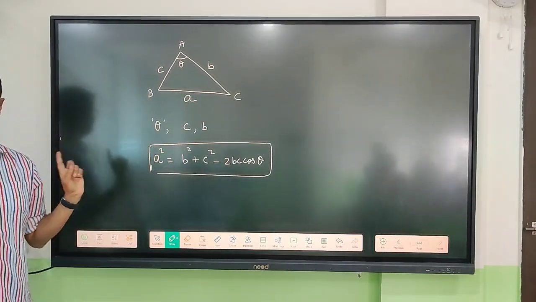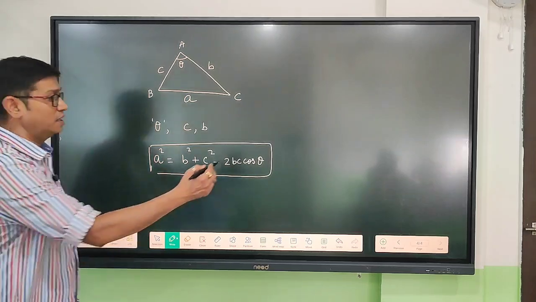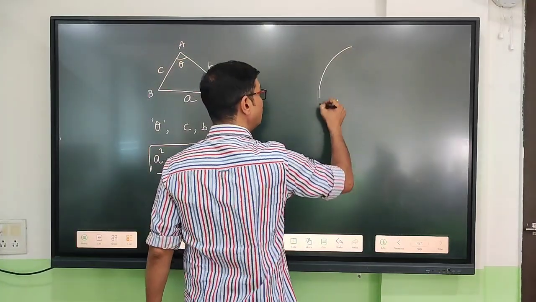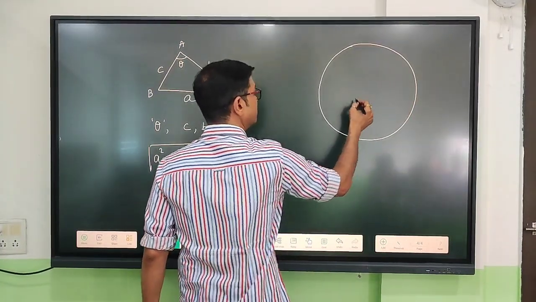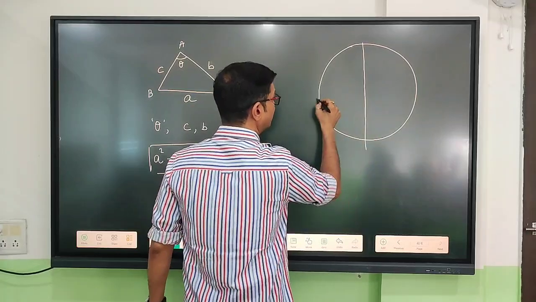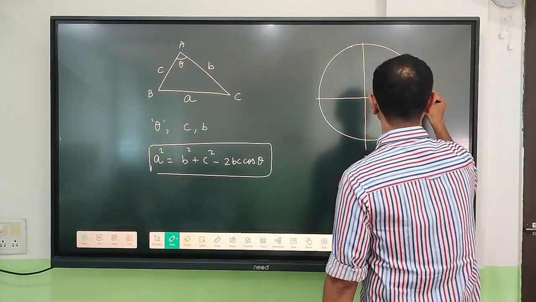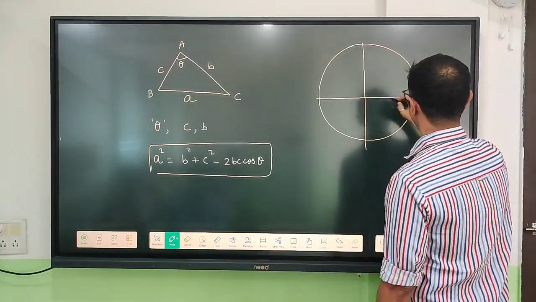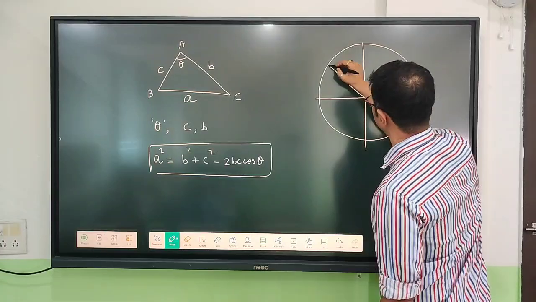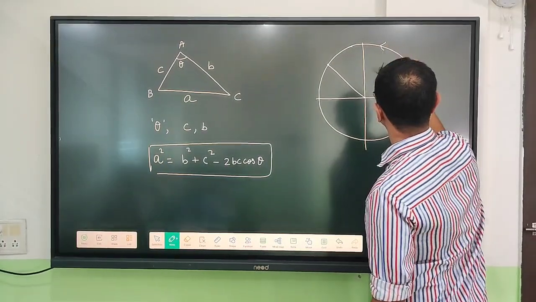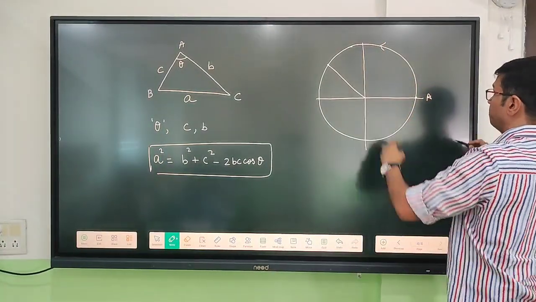You might need this in some questions, because in some questions the object might be moving like this in a circular path. Let's say the object is here, and after rotating by some angle the object reaches here. The object is following this path.